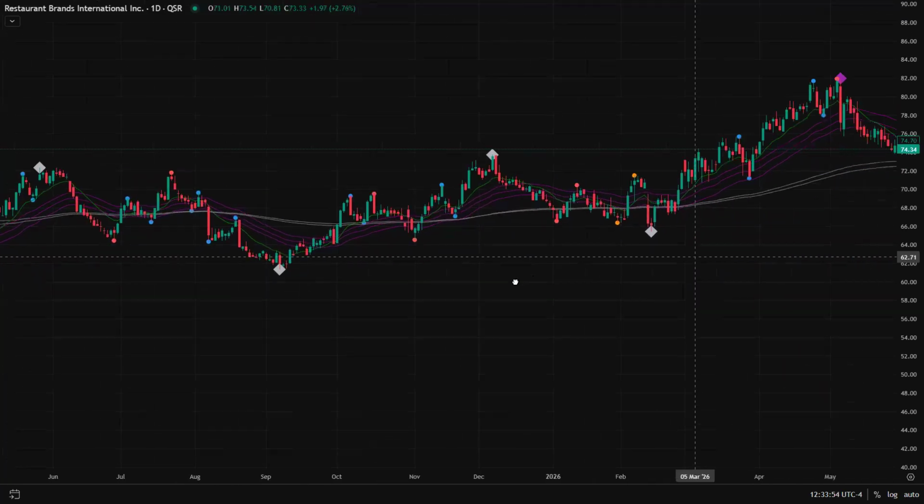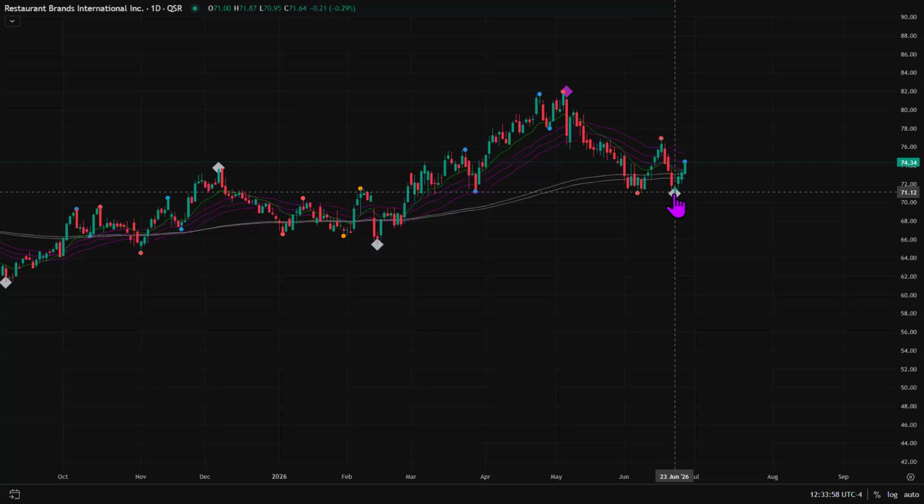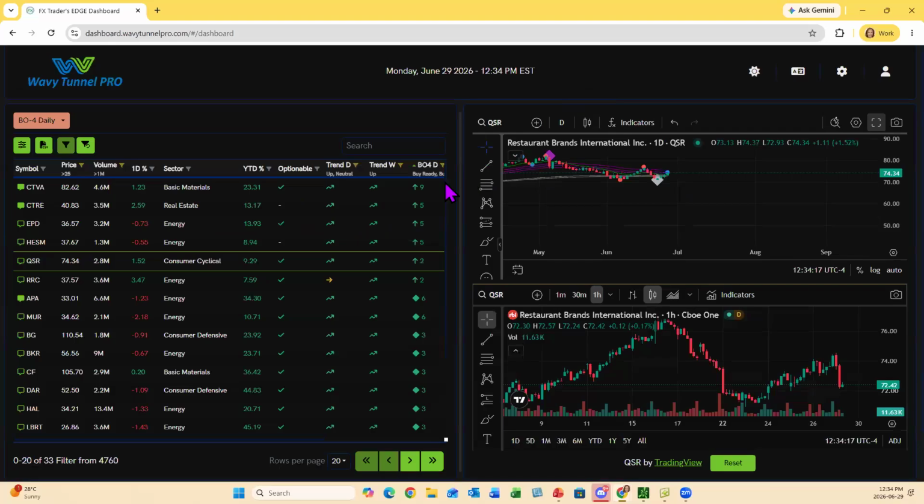So we got the upper royal, and now we have a lower gray. I would like to see if we trade above this level, 76.48, and then I would be more convinced that we are on our way to the previous high. I'll put this on the watch list.